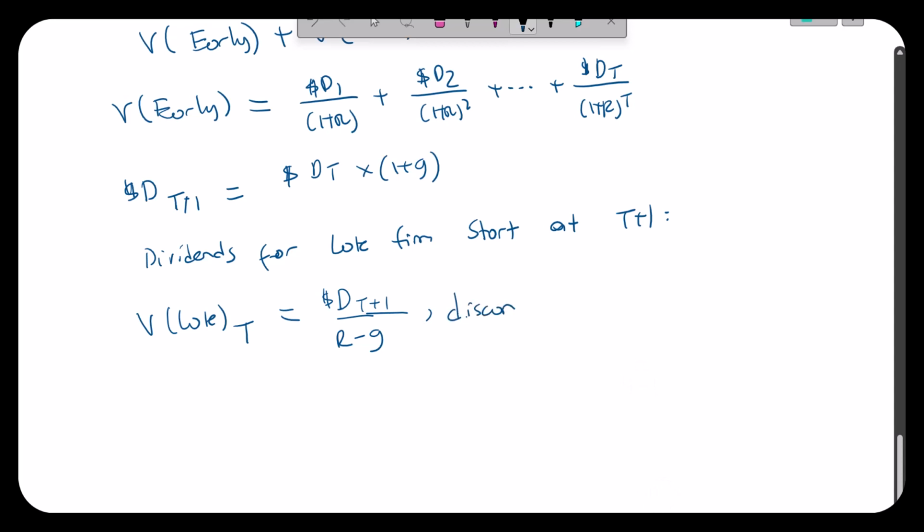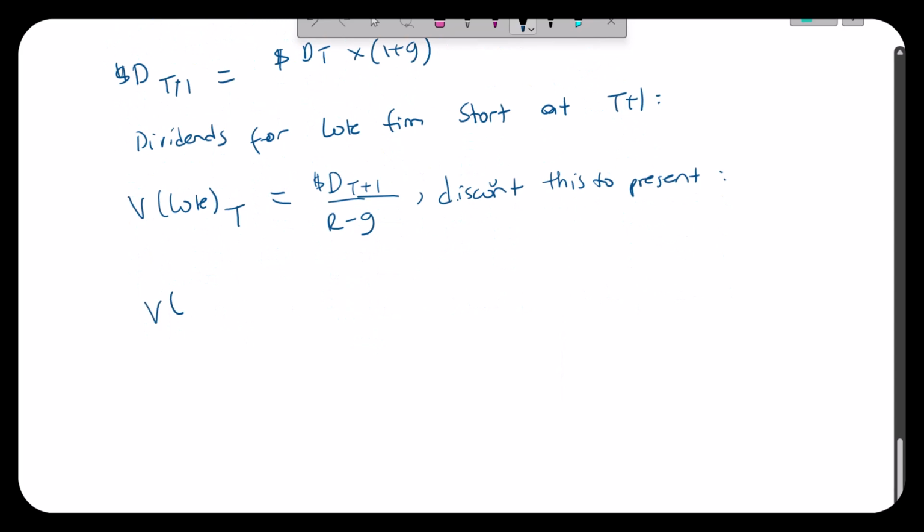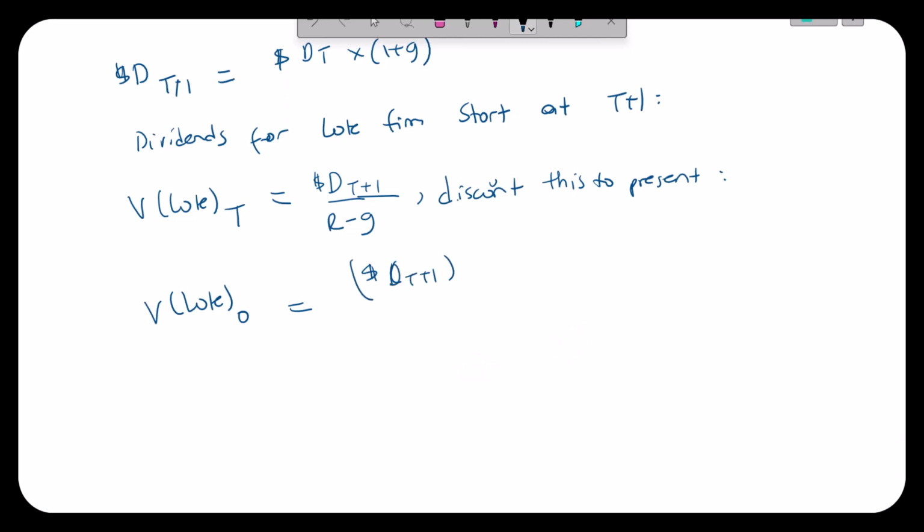Discount. And value of the late firm now is going to be dollars dt plus 1 over r minus g, over 1 plus r raised to the power t. Again, if you want to memorize the formulas, go ahead, because we're going to use Excel for these purposes.